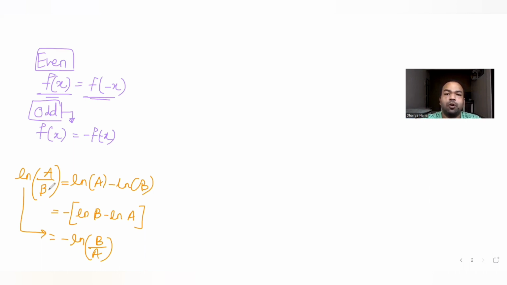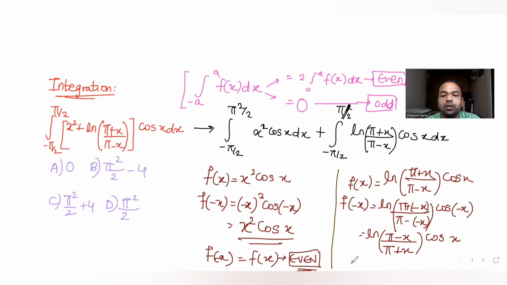So numerator becomes denominator, denominator becomes numerator. So if I want to invert the numerator and denominator, you take the negative sign out. So it becomes minus of log to the base e pi plus x upon pi minus x into cos. So you get that function.